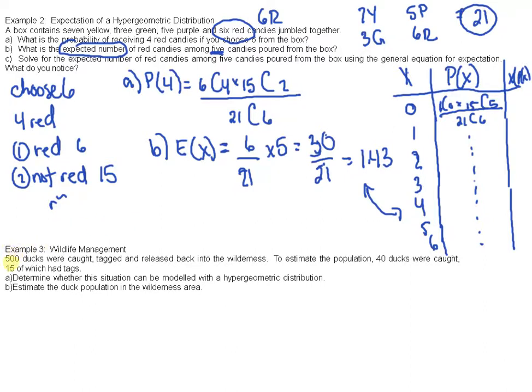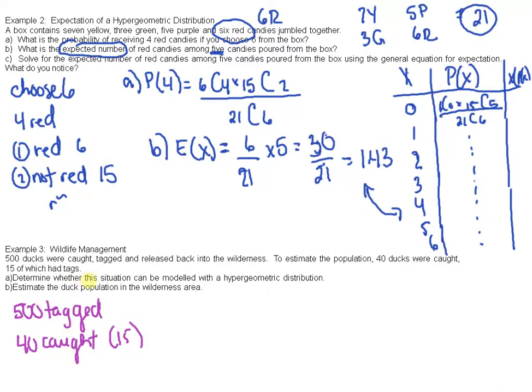Now, example 3. 500 ducks were caught and tagged and released back into the wilderness. Okay, so there are 500 that are tagged. To estimate the population, 40 ducks were caught and 15 had tags. Okay, so 40 caught and 15 had tags.